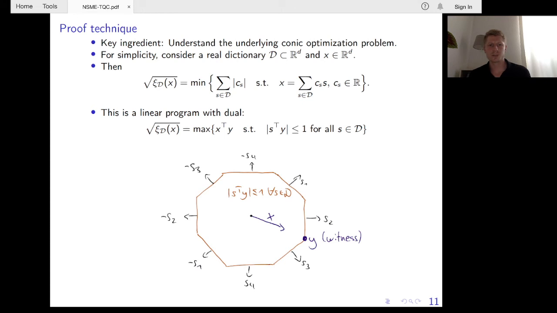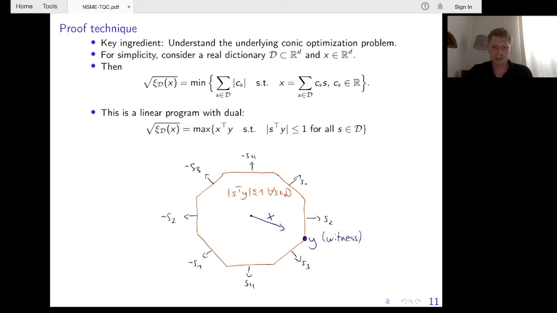So here, what do we do? If you want to compute the extent, we maximize in the direction of x over a polyhedron, and the facets of the polyhedron are given by the absolute value of s transposed y being upper bounded by 1. The transpose here is simply the inner product.